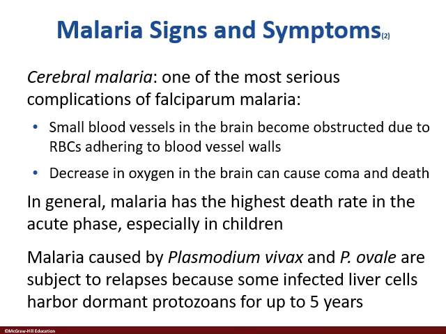On the more severe cases, you can end up with what is cerebral malaria, Plasmodium falciparum being the species. Turns out falciparum is actually the most severe of the different species.